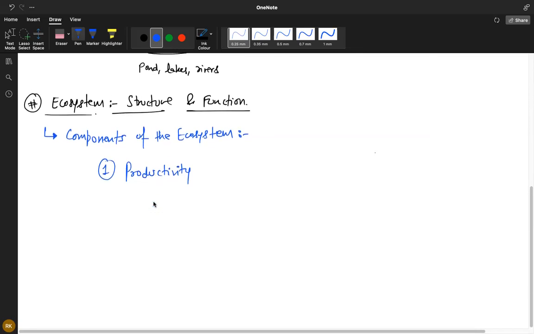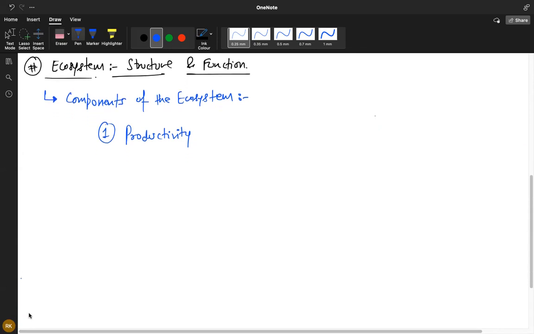No one gives things to the ecosystem. You don't donate to an ecosystem, right? No one donates to ecosystems. So they are self-sustained systems, and they need to produce whatever they need. That's called productivity of ecosystems. This is the first thing that we will study.